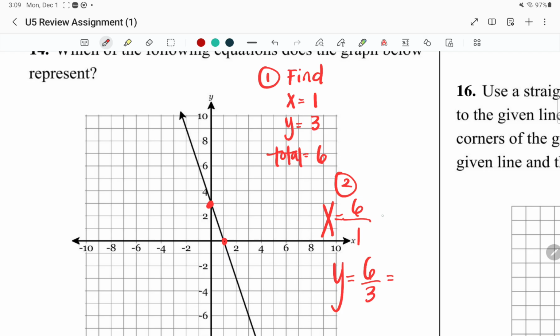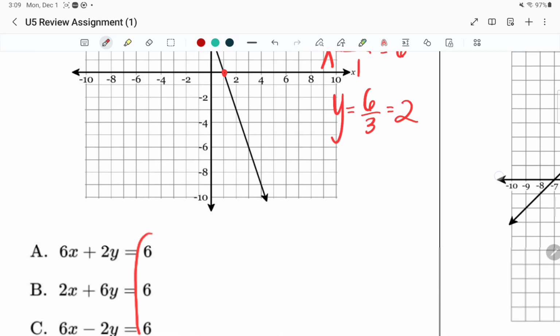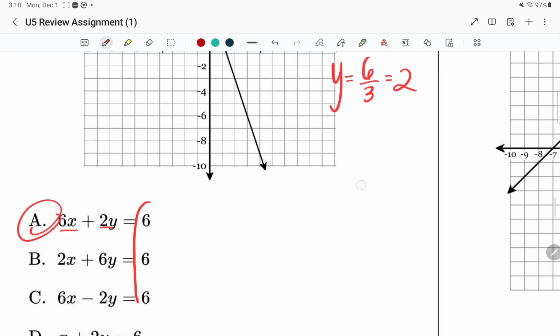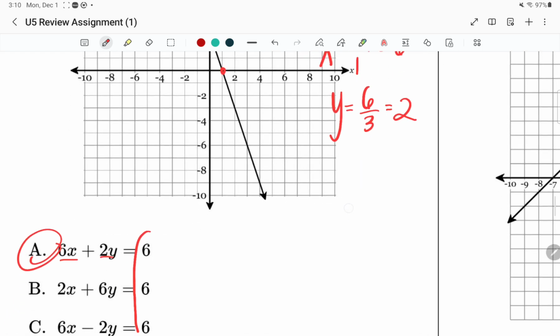My x coefficient is going to be 6. And my y coefficient is 6 divided by 3, which is 2. So I'm going to come down here and I see that A has a 6 and a 2 in the right spot, right? B also has a 2 and a 6, but I want the 6 to be the x term.